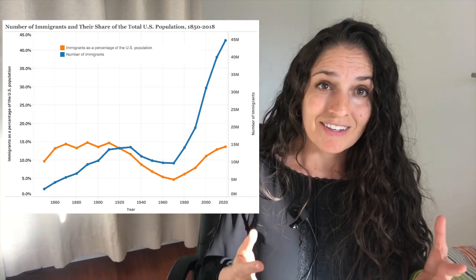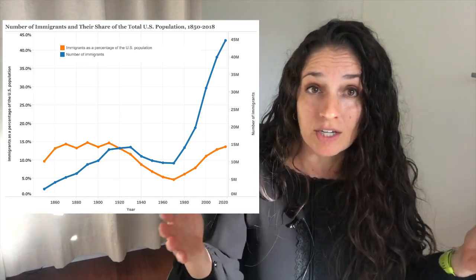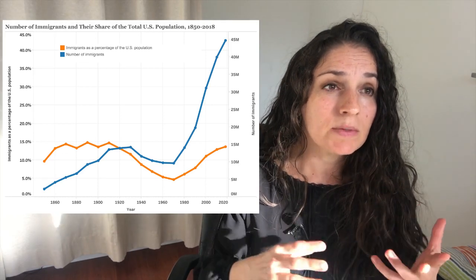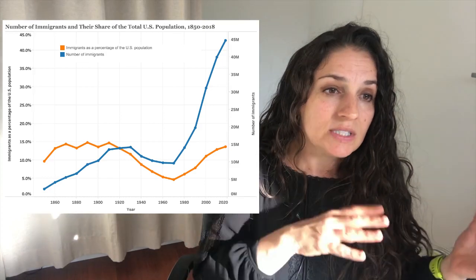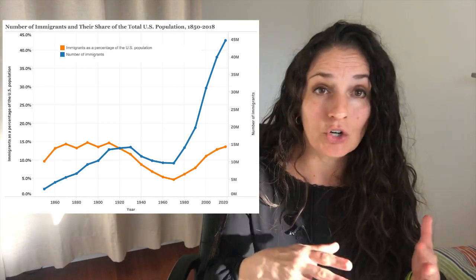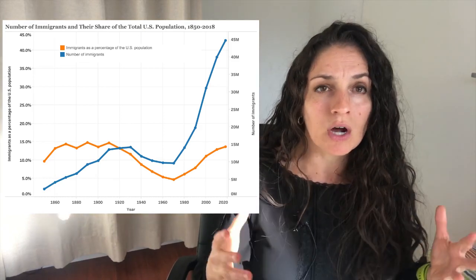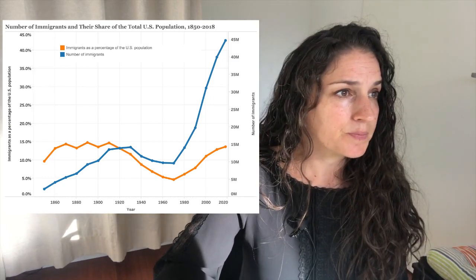But what's also interesting is that the population of the US increased over time. And what we're seeing today is a similar immigrant percentage of the population as we did back in the 1880s and early 1900s. So as a percentage of the population, we're not seeing extreme growth in immigration these days.